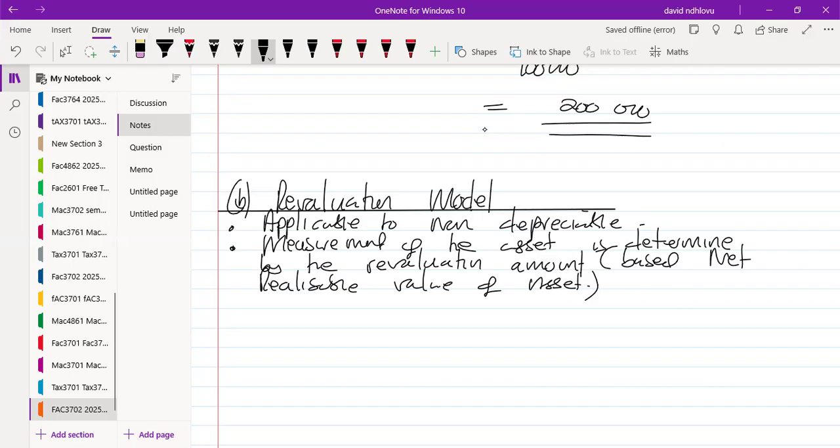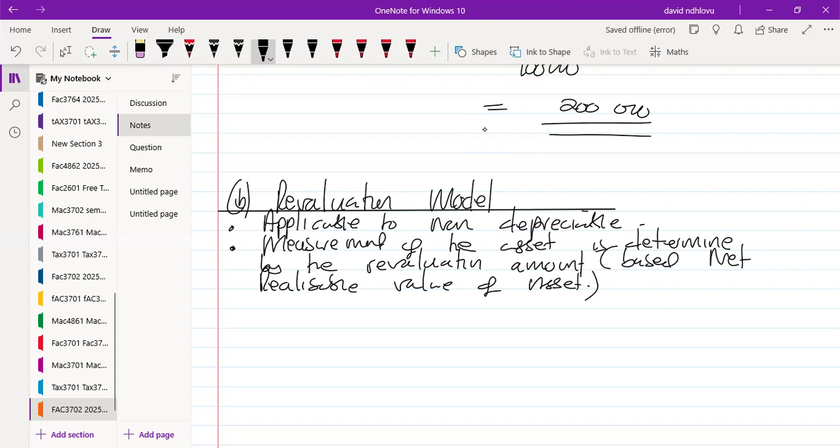So what you then do, if you have an asset, for example, you've got land which you don't depreciate, you bought it for 1 million, and this is 5 years down the line. If you have never revalued it, it will be in the books at what? 1 million, because we don't depreciate that.